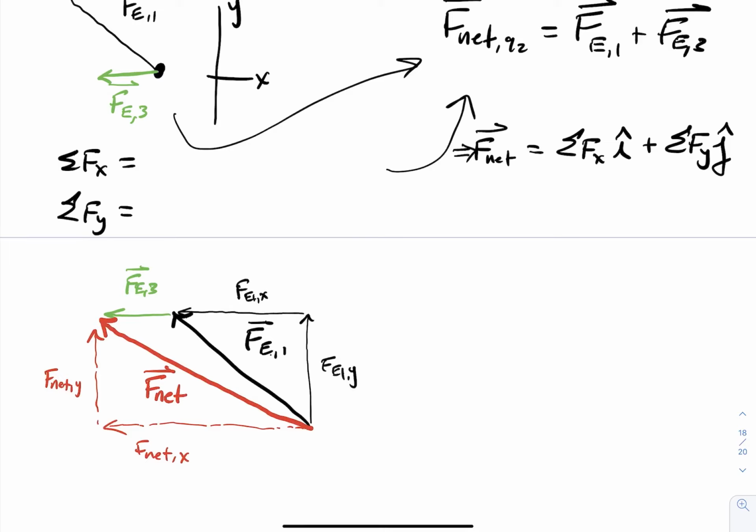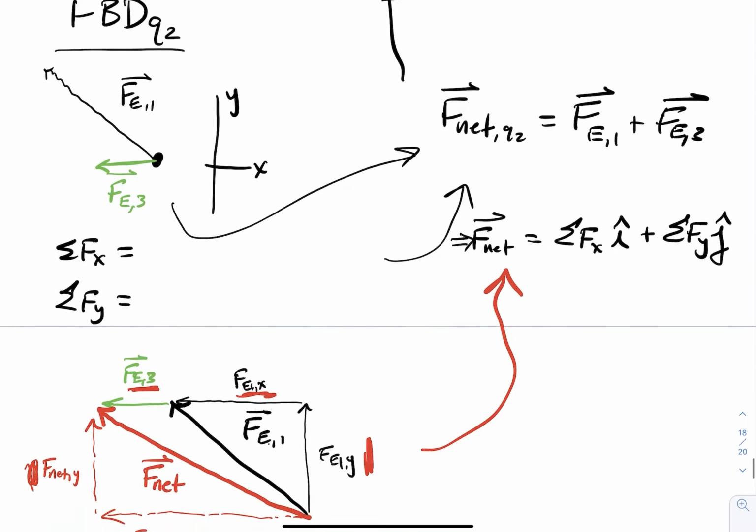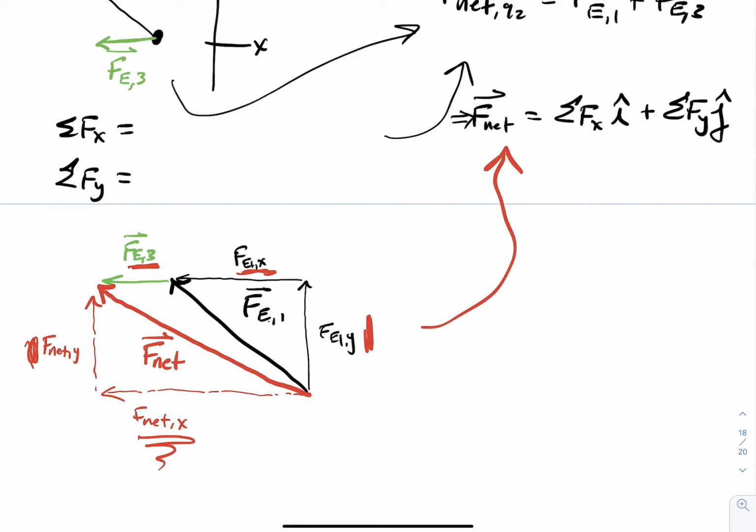It's this net force is really just the x components added together, and this net force is just the y components, which one of them is 0 in this case, added together. And that's another way to derive this rote mathematical definition. So there's a lot of different thought processes you can use to think about this.